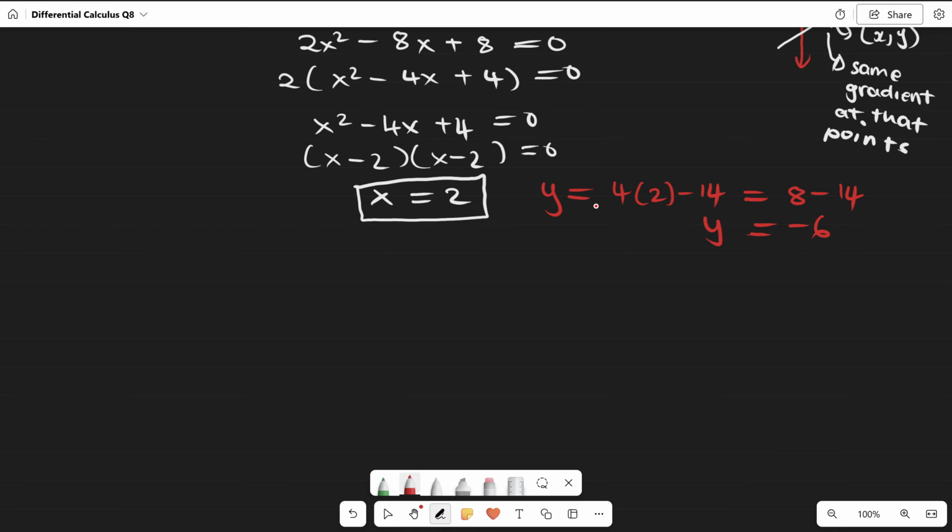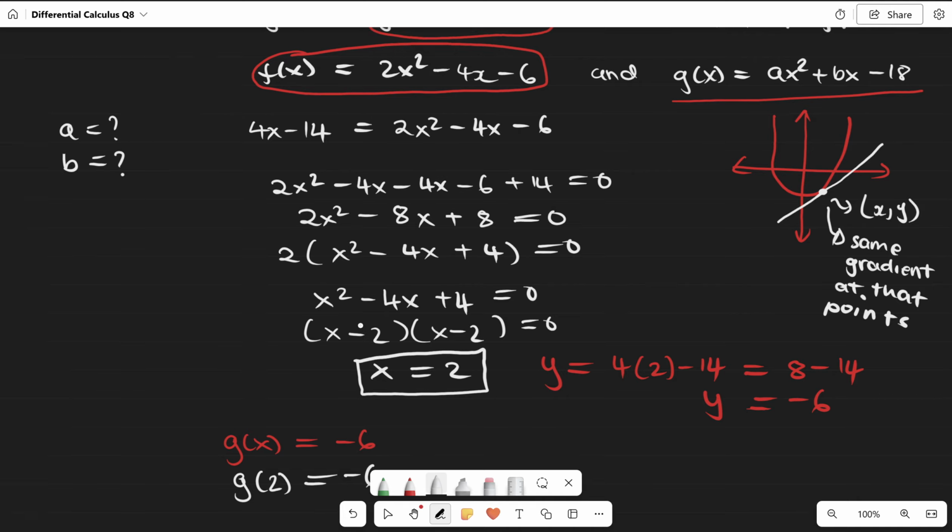But we know that they also share these values with g. So we know that g of x is also equal to negative 6 at that point of tangency, right? Not just anywhere, at that point of tangency. So we also know that this is not just g, but it's g of 2, right? Is equal to negative 6. So what is our g of 2?